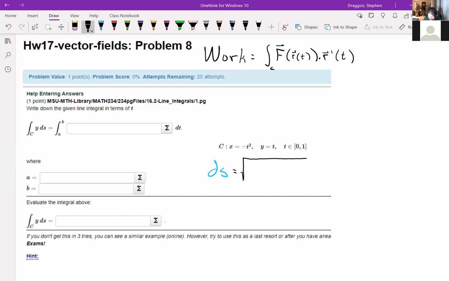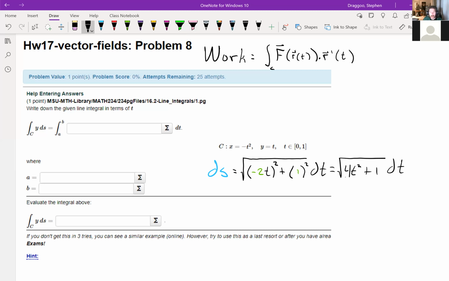This thing's only in 2 though, so we only need to look at that. So we're looking at negative 2t squared plus 1 squared dt, which I can just simplify to 4t squared plus 1 dt.